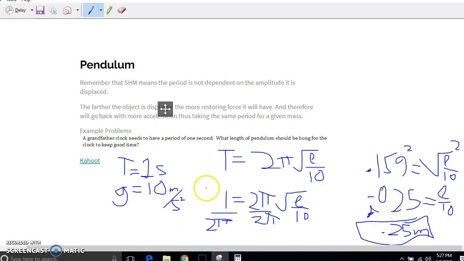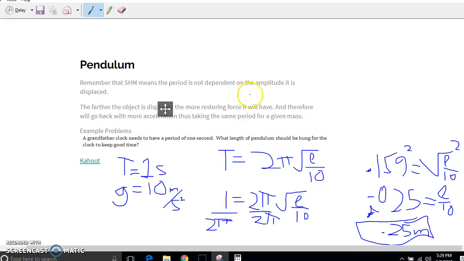Okay, so that's how long, supposedly, our little pendulum has to be. So I'm going to double check it by retyping that into my calculator. 0.25 divided by 10 equals 0.025. Take the square root of that, times 2 times pi, and I get 0.9934, which is basically 1 second, so I got the right answer.